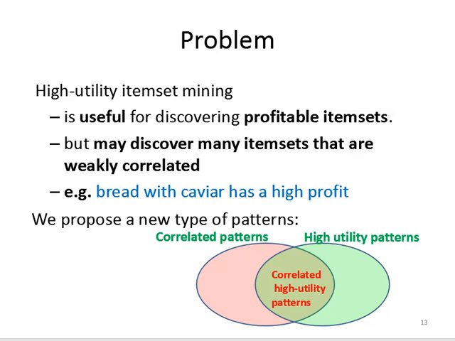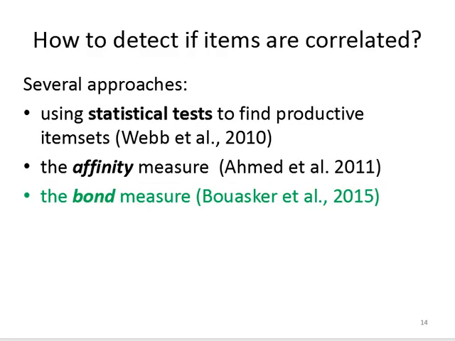Okay, so let me explain a little bit more about this. How to detect if items are correlated? There are several approaches. One approach is to use some statistical test to find the productive item sets, for example. This is interesting, but actually it's very costly.